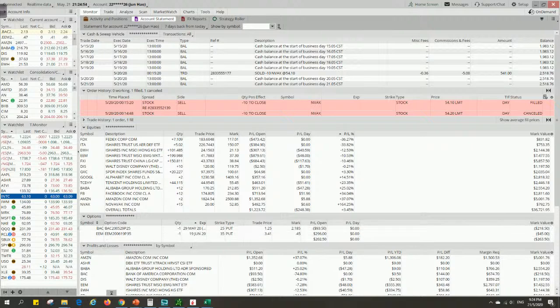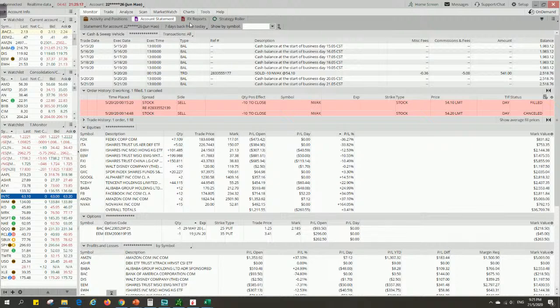The first one being the Bank of America cash secured put that I sold previously, and then I'm also looking to start another new cash secured put for Bank of America, which has recently corrected quite sharply, and is starting to recover back.